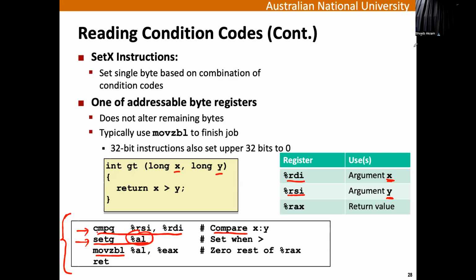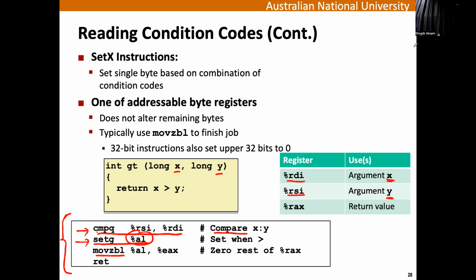A long is 4 bytes. Whenever an x86 instruction produces a long value, it zeros the rest of the bytes in a 64-bit register.